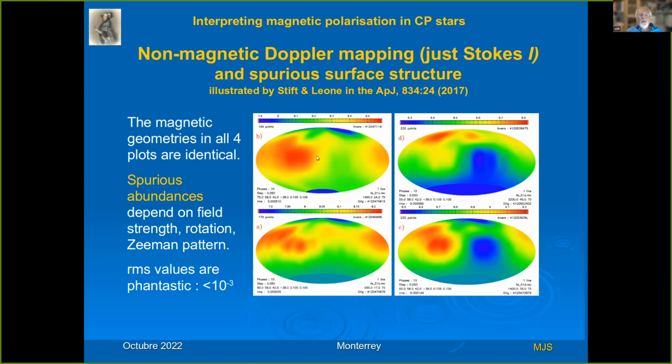There you have the same magnetic geometry in all 4 plots, and you get spurious abundances and fantastic values of the fit to the lines. And for the same, depending on the line, on the field strength, rotation, and Zeeman pattern, you get different spurious abundances. So you have to take the magnetic field into account.